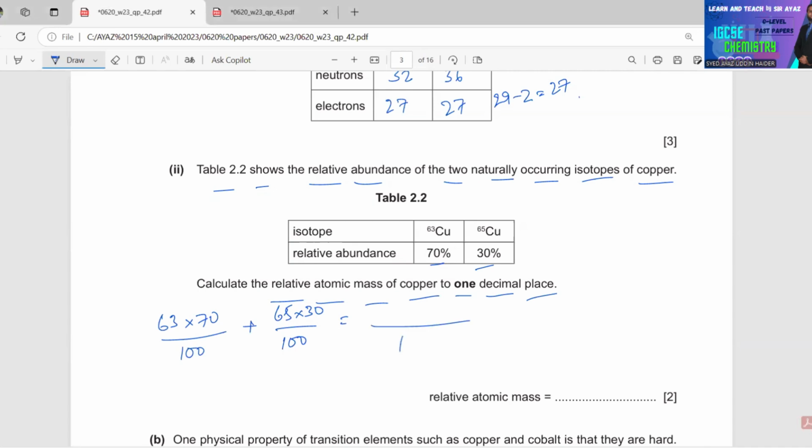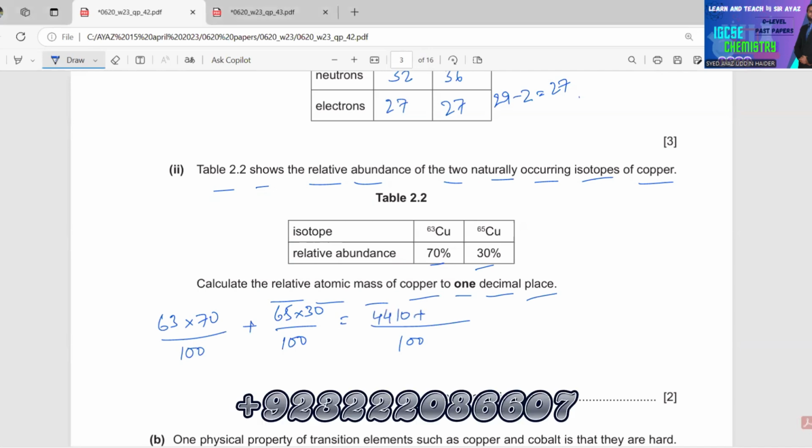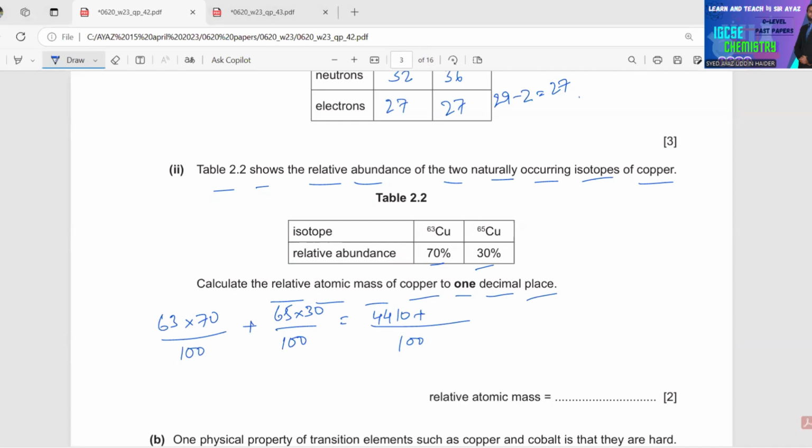Taking 100 common here, 63 multiplied by 70, 4,410, plus 1,950. Adding up these, 63.6. This will be the final answer for this question.